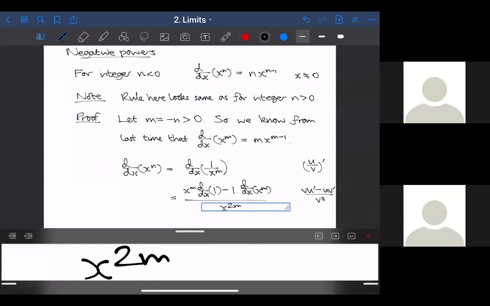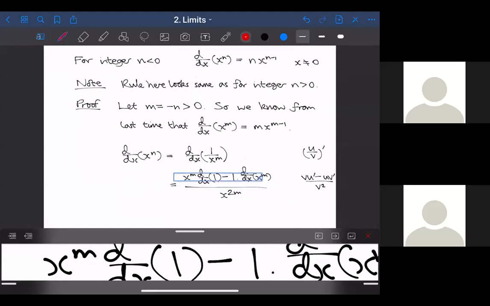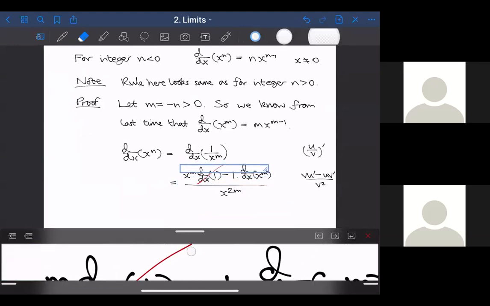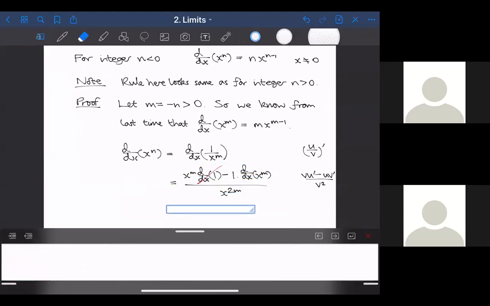So this is looking more complicated than we wanted, but it's going to simplify nicely. So this is 0, because the derivative of a constant function is 0. And because m is positive, we know how to calculate the top.